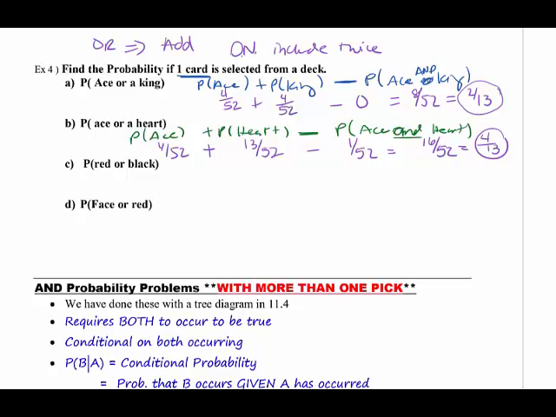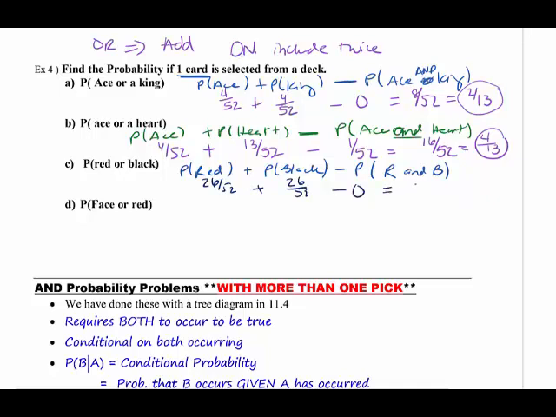C, probability that it's red or black. So, probability that it's red plus probability that it's black. Be careful. Is there any intersection when you are selecting one card? So half of the deck is red, so 26 out of 52. Half of the cards are black, and they don't overlap, they're mutually exclusive.